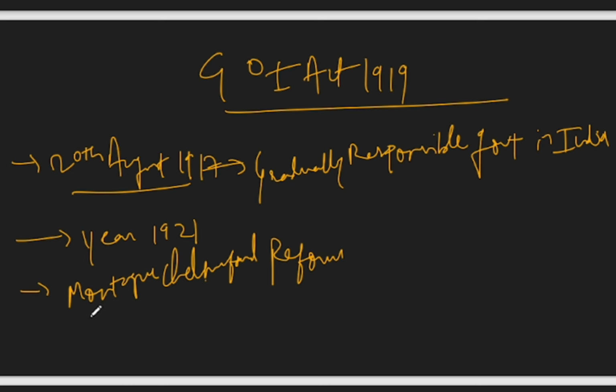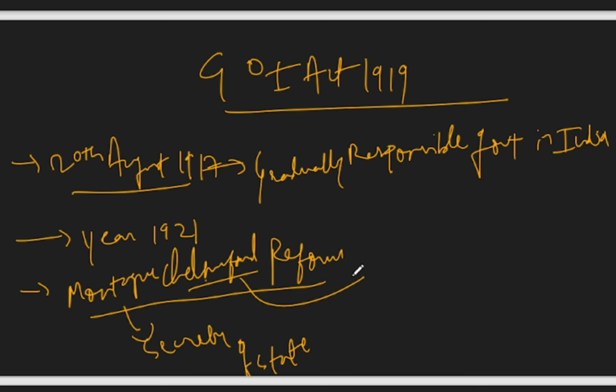Why Montague-Chelmsford reform? Because Montague was the then Secretary of State for India, and Chelmsford was the then Viceroy. Pardon me for the wrong pronunciation, if any.